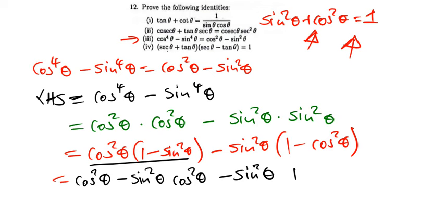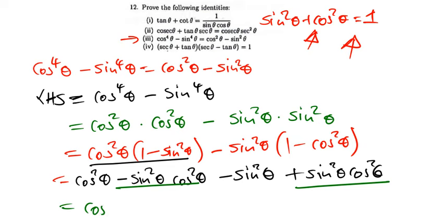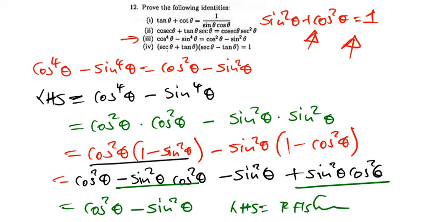That will be positive sine squared of theta cosine squared of theta. So you can see the parts I can actually subtract here. This part and that part can subtract. So eventually we just remain with cosine squared of theta minus sine squared of theta. Left hand side is equal to right hand side, hence proven. Simple and straightforward.